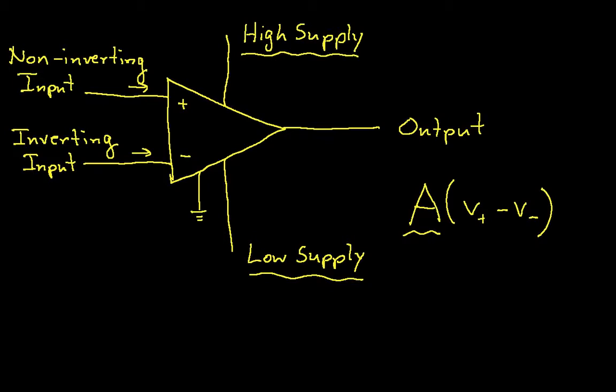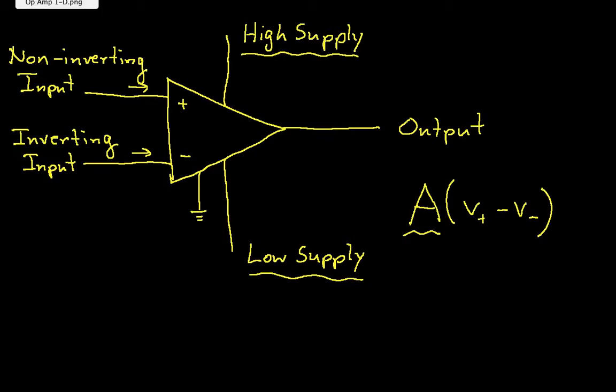Because the gain is so large, and the gain typically is somewhat variable, two op-amps may have a gain A that differs by as much as a factor of 2 or even more. So you can't rely on the gain to be exactly what you want, and because the gain is so large, you typically employ an op-amp in a feedback configuration, and we'll talk about that in just a minute.